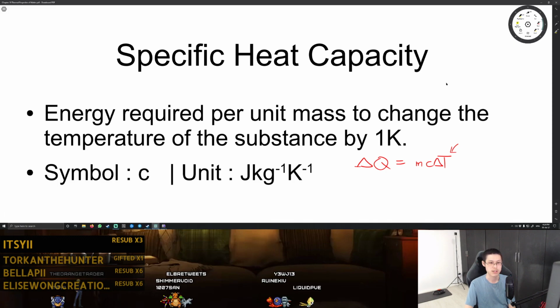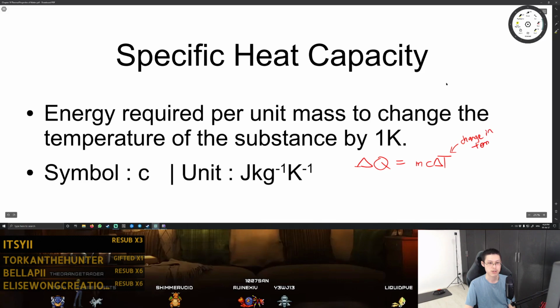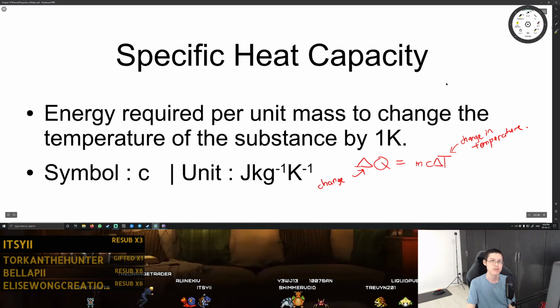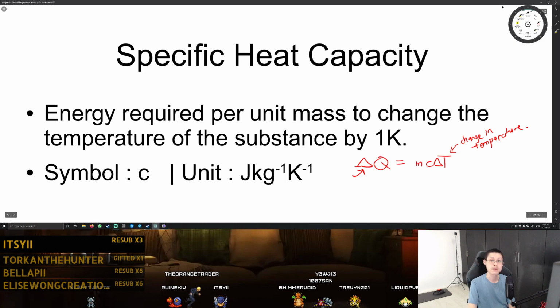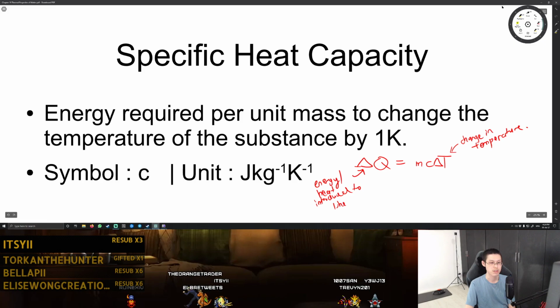Delta T is the change in temperature of the substance, and delta Q is the energy or heat introduced to the system.